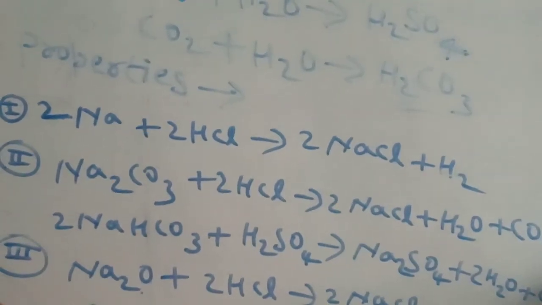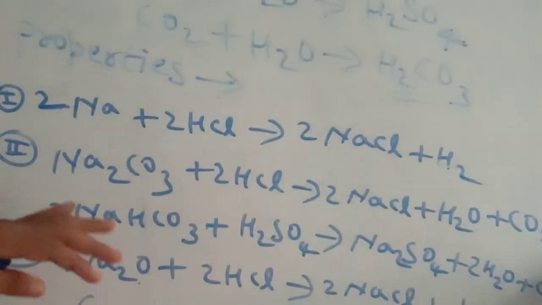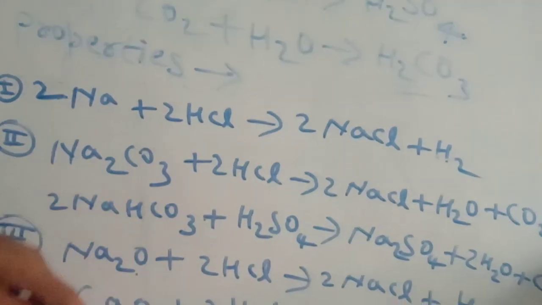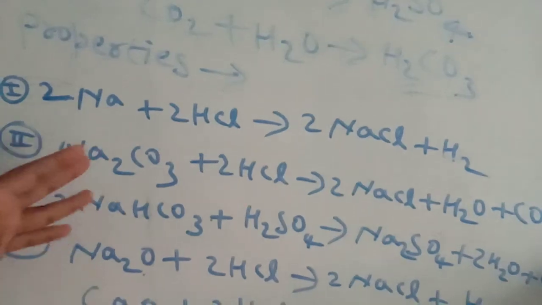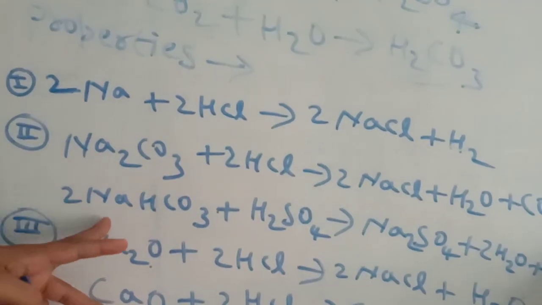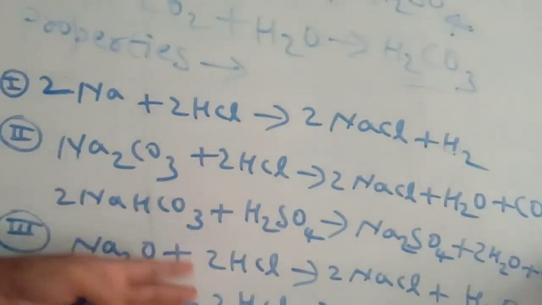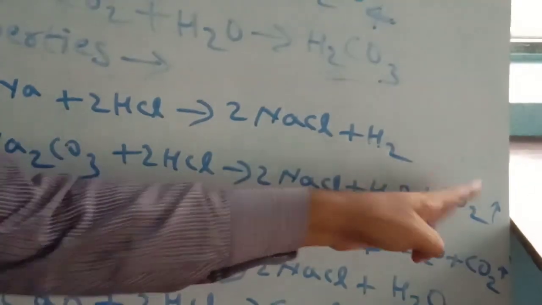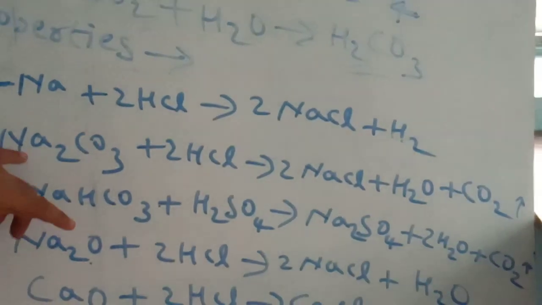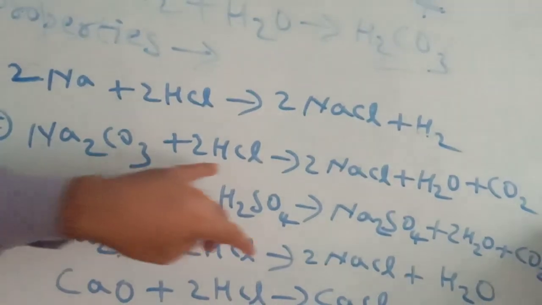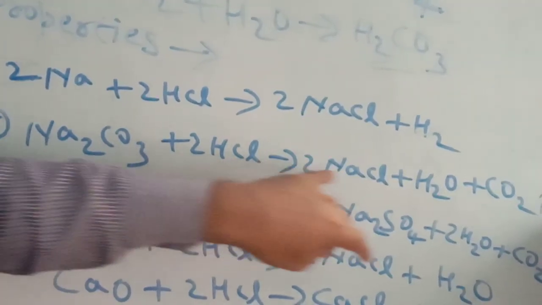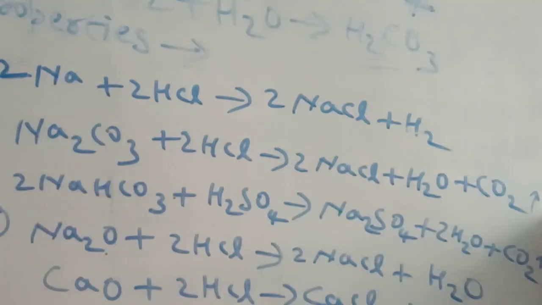Second, listen, by reacting metallic carbonate or metallic bicarbonate with acid, it forms salt, water and carbon dioxide. See the first example: sodium carbonate reacts with hydrochloric acid, then forms sodium chloride, water and carbon dioxide.